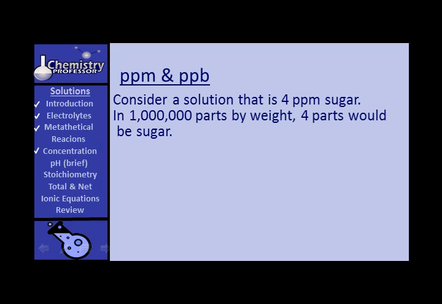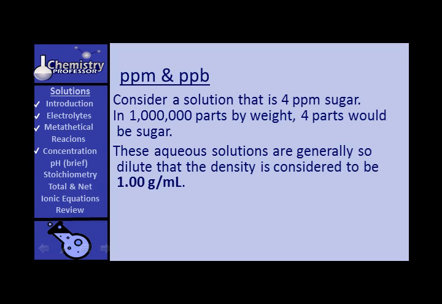Now, it's very important for you to remember that these aqueous solutions are so dilute that that tiny little bit of sugar in that million parts by weight frankly does not impact the density to any significant extent.